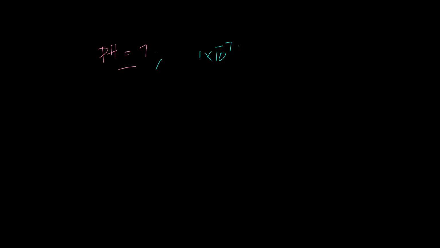Isn't that true? And that is the reason why water has a pH of 7. Why does water have a pH of 7? Because it has these many hydrogen ions. And that's why pH 7 was given the neutral reference point. It was used as neutral reference point.